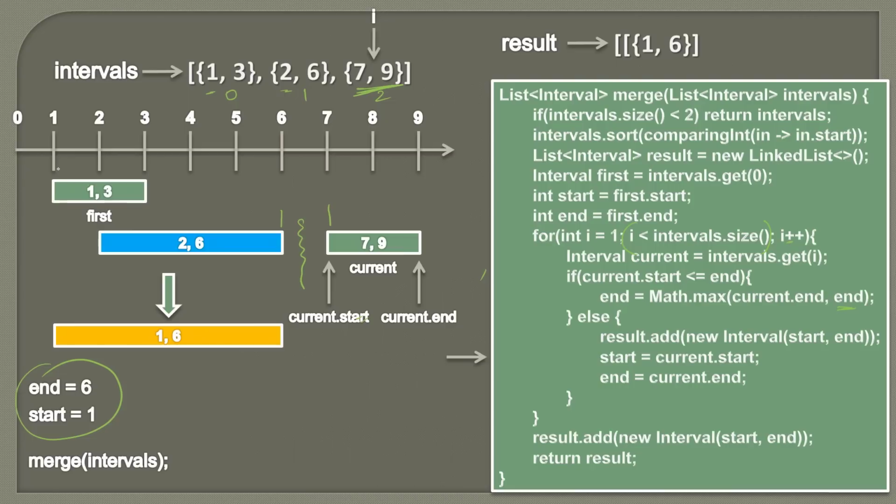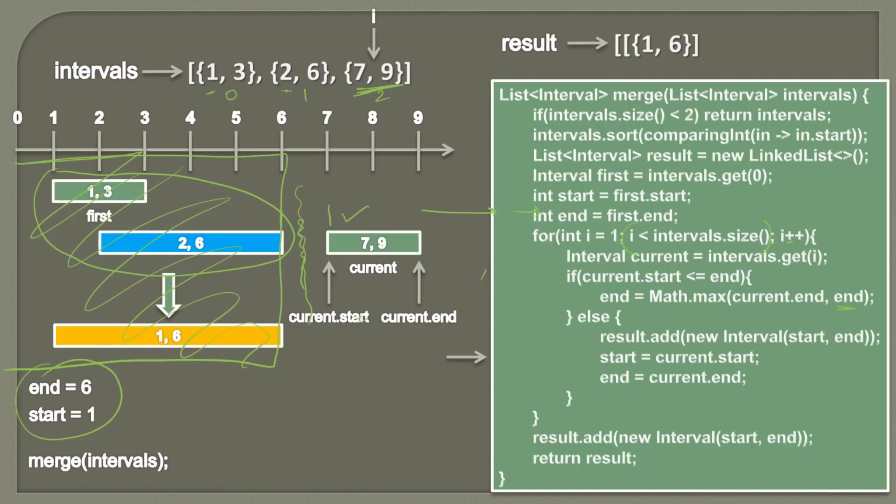Once we have merged these two intervals and there is a gap between the current and this merged interval, now our task will be to focus from 7, 9 to the rest of the elements ahead. We have to forget this merging now, because we have already merged these two intervals and there are no more intervals which can get merged into them.